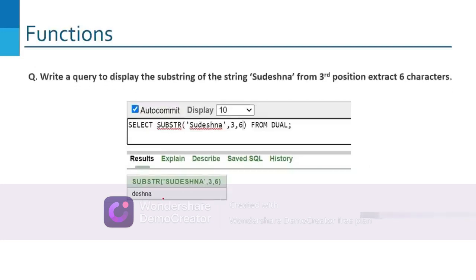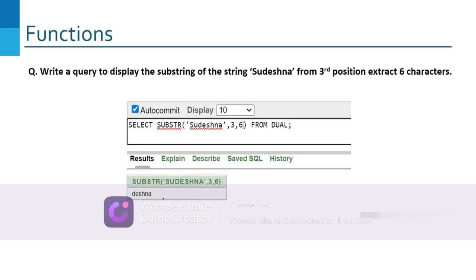The next function is: write a query to display the substring of the string Sudeshna from third position, extract 6 characters. Now understand this question very clearly. There is a lot of information given and you should be able to use all this information when writing the query. We have the string Sudeshna and it wants, from third position, extract 6 characters. That means there is some function which uses these 3 parameters.